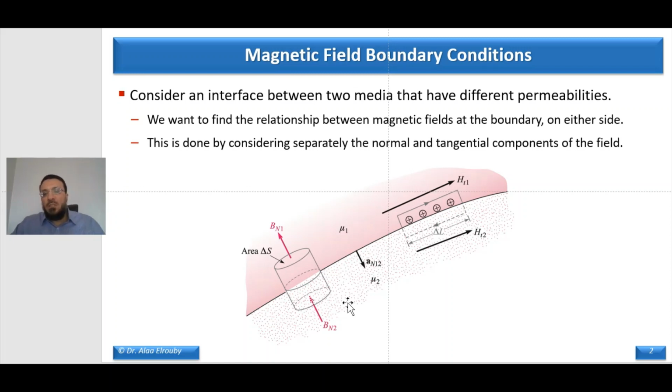To do this, and in a similar way to what we did with electrostatic field, we'll consider the 2 different components of the magnetic field. The normal component, which is a component parallel to the direction normal to the interface, and the transverse component, which is a component that is parallel to the interface or parallel to the boundary.